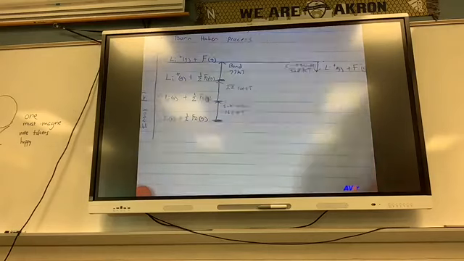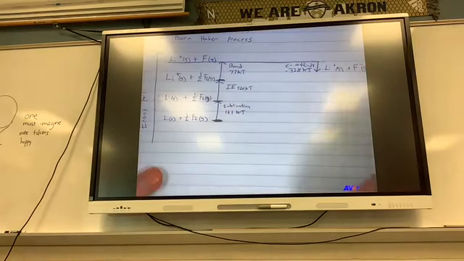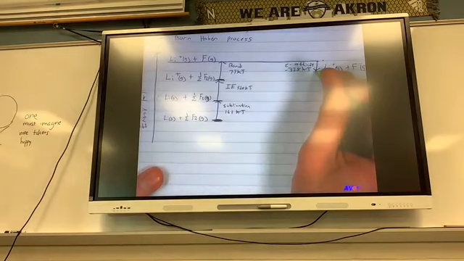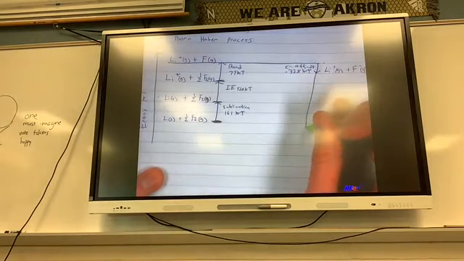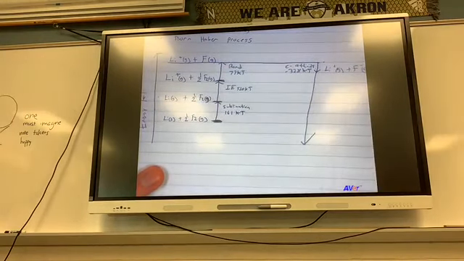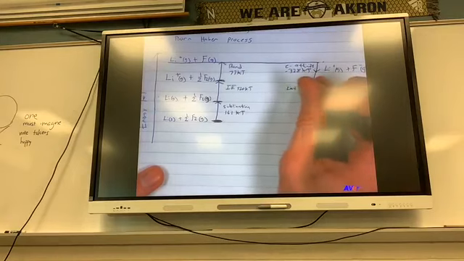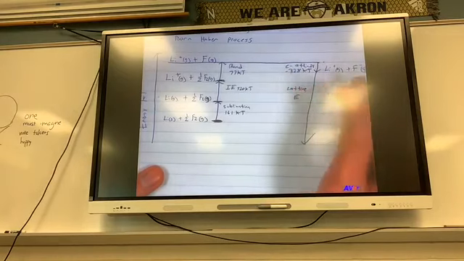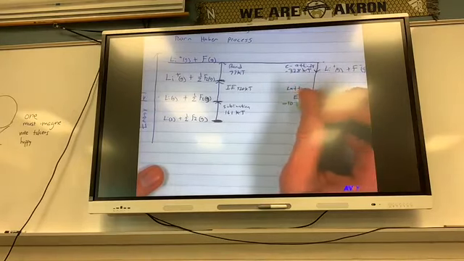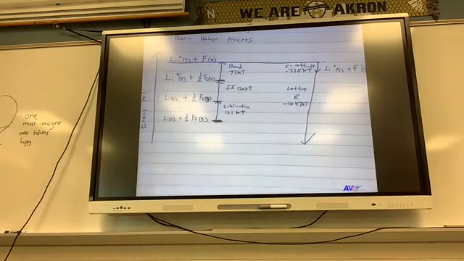Because now I'm starting to bond, so my energy is going back down. And then the last thing that happens is this big jump, and this is my lattice being formed. So this is my lattice energy, which is negative 1,047 kilojoules. Essentially, what this is showing you is the following.